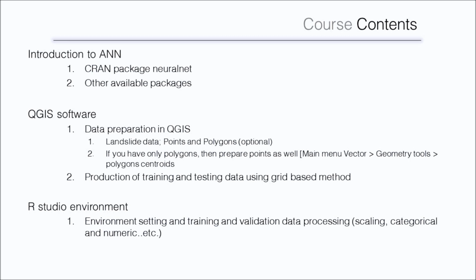So with a grid-based distribution of your points, every point can represent one pixel, or you may have polygons, where every polygon has a specific area that is represented by pixels.